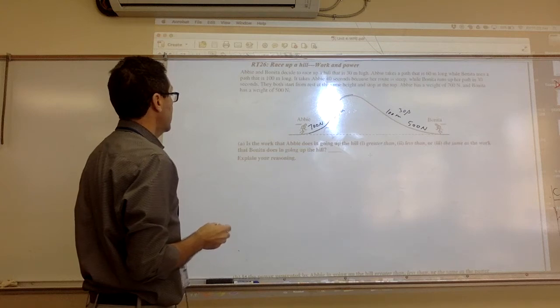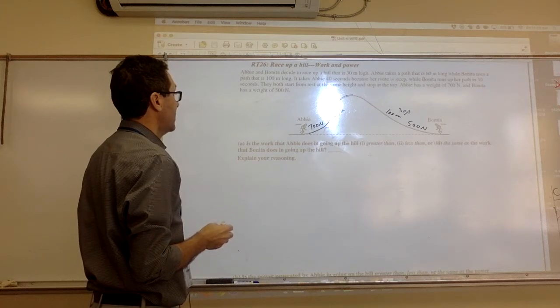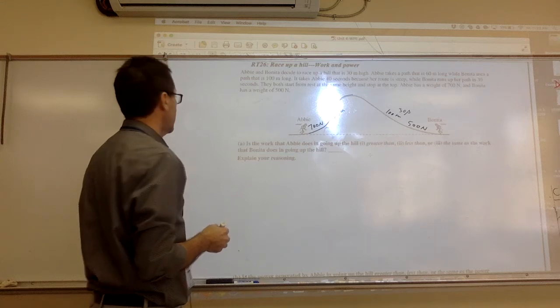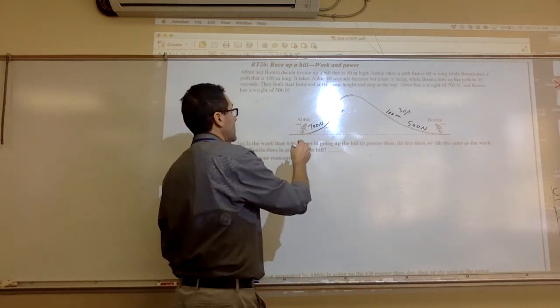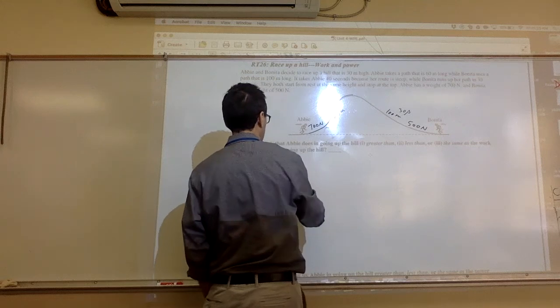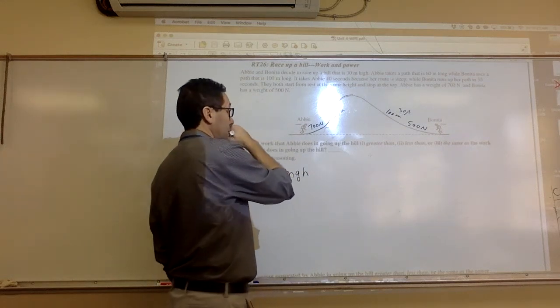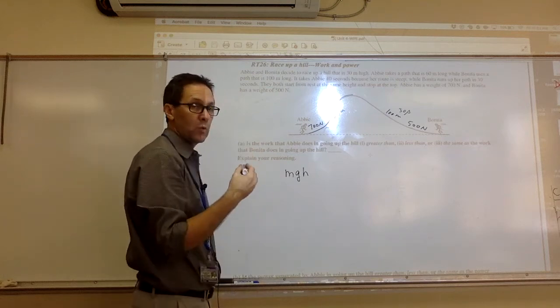Is the work that Abby does in going up the hill greater than, less than, or the same as the work Bonita does? Well, the work done is basically mgh. You have to work against gravity, right? Both of them have to work against their own weight.